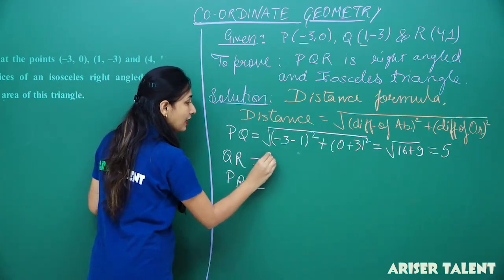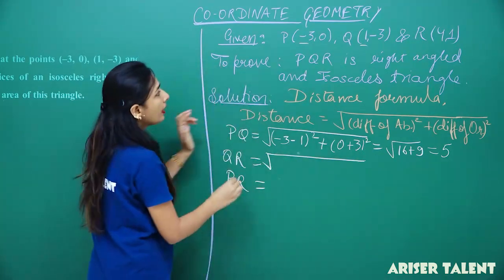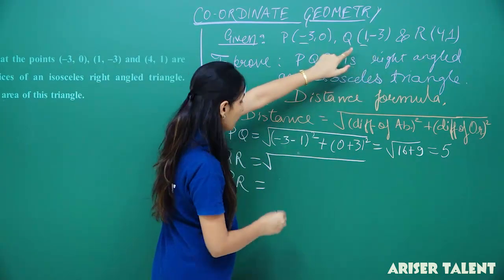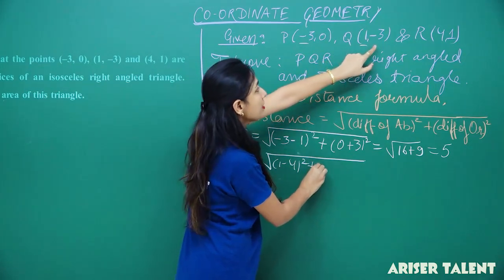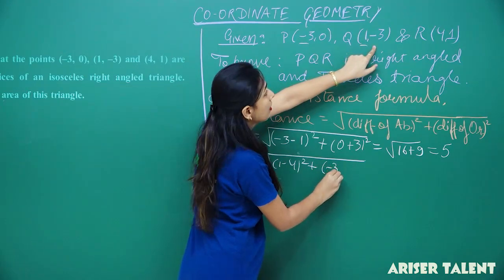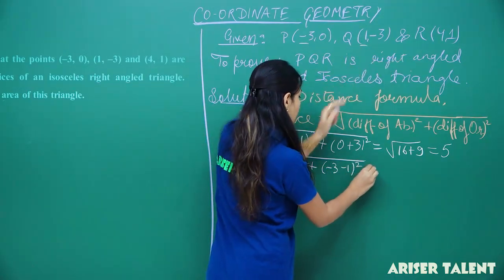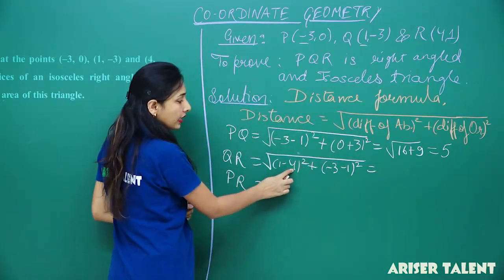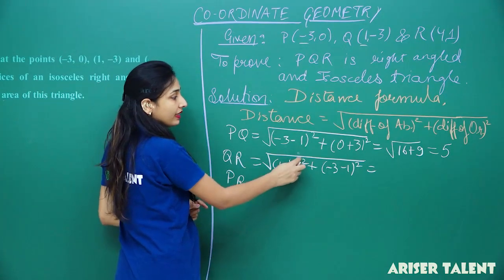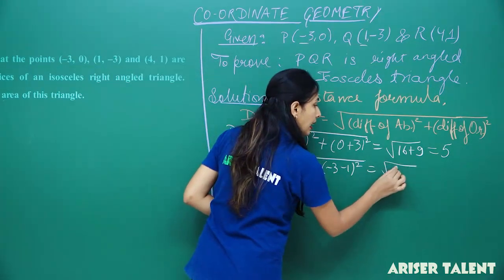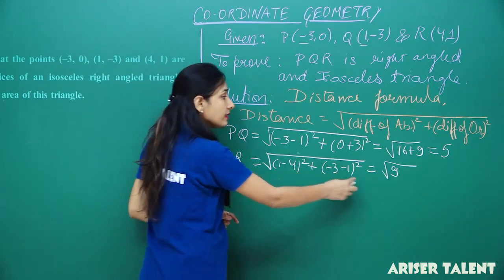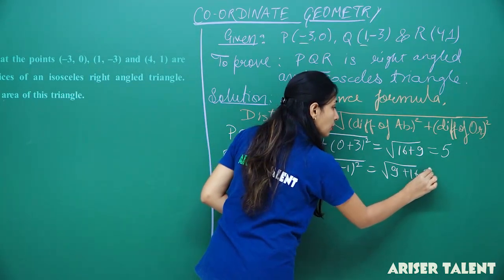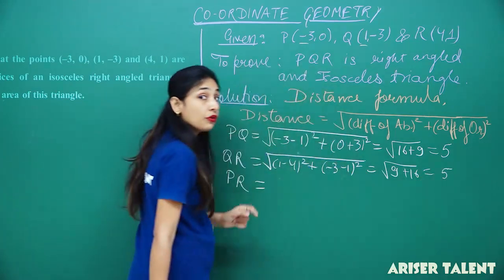If I talk about QR, Q is here and R is here, so (1 - 4) squared plus (-3 - 1) squared. Again, (-3) squared is 9, plus 4 squared is again 16. So that will be again 5.